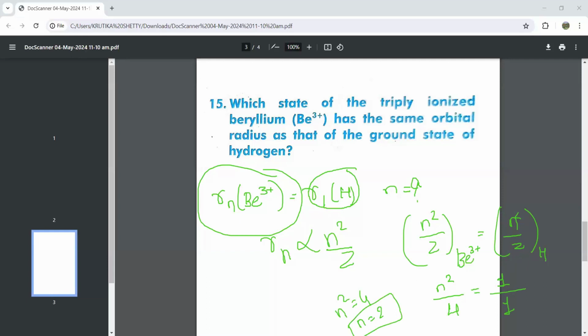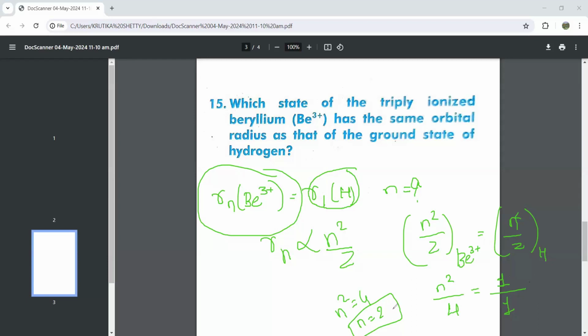Yes. Is it clear? So we have to find out the n value. They are saying the triply ionized beryllium is equal to the ground state of hydrogen. So we have taken Rn of beryllium is equal to R1 of hydrogen. The formula we know is that Rn is directly proportional to n square and inversely proportional to Z. So if we equate these two, substitute the Z value, and for the hydrogen ground state n is equal to 1.